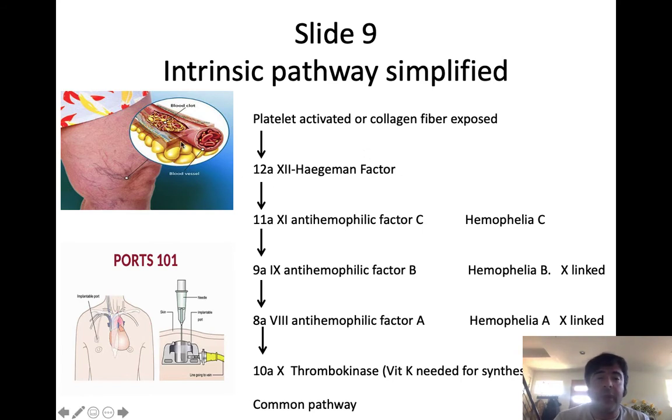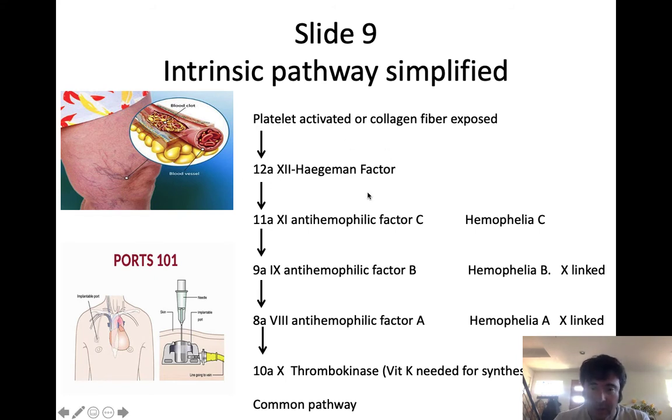Interestingly enough, because the intrinsic pathway activates in response to internal damage, this tends to be the one that's most closely associated with problems such as the development of things like deep vein thrombosis or blood clots, right? And blood clots can be really problematic because they can cause problems all over the place. And we'll talk a little bit about the problems that blood clots cause in just a moment.